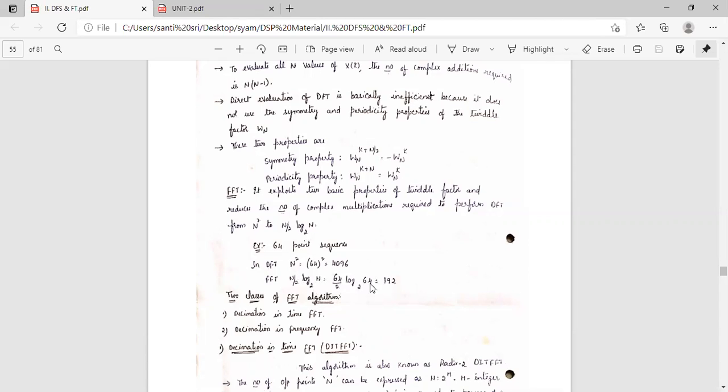It is 4096 versus 192. Like this, the number of computations will be reduced in FFT when compared with the DFT.